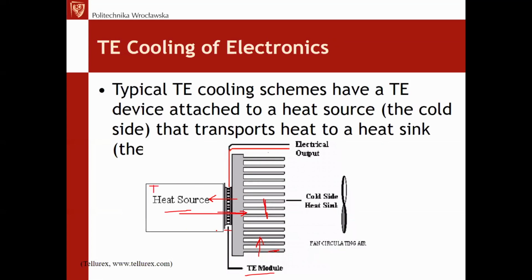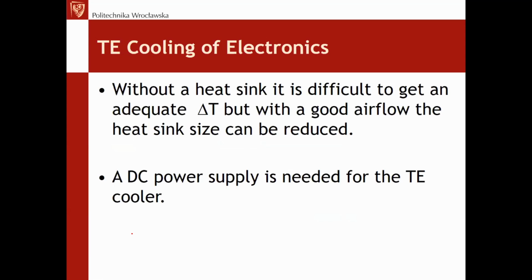Again, two major usages of TE modules: for changing the direction of heat transfer, and for stabilizing at temperatures below the ambient temperature. In those two situations, we're using it in practice.